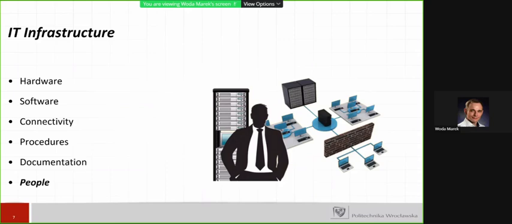This is quite easy to handle if we properly make an inventory of it. Another aspect is the software, which is a little more difficult to inventory and discover. There are specialized systems that allow for doing that.